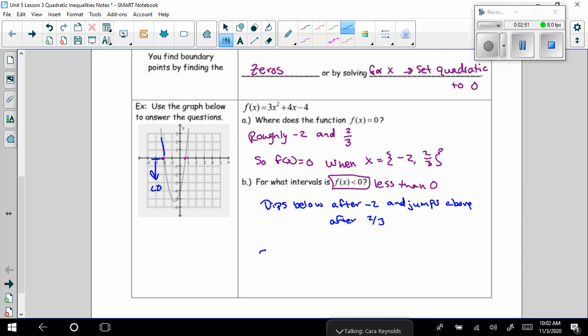So the interval for being below, if it's coming down here and then going back up there, is from -2 to 2/3. Now, why do you think we use parentheses? We're using parentheses because this says less than 0, not equal to 0, and at those points, it is actually equal to 0.